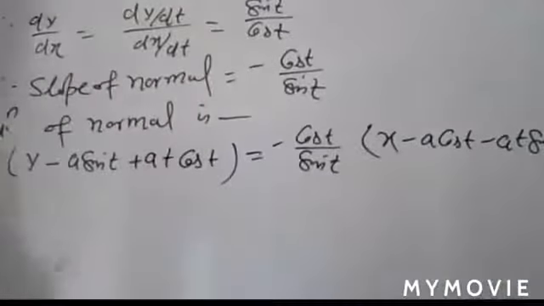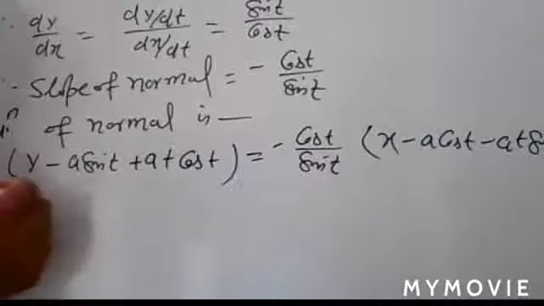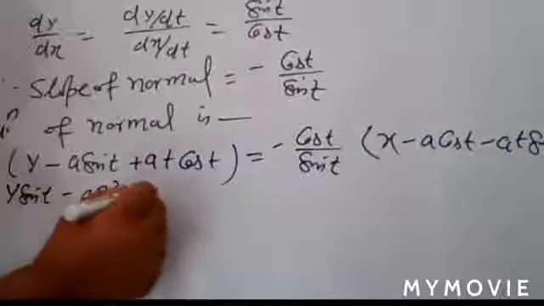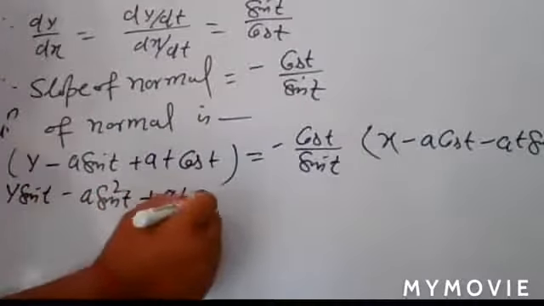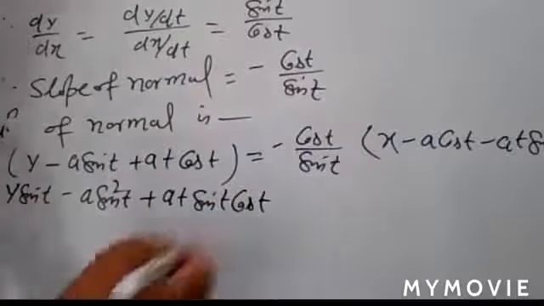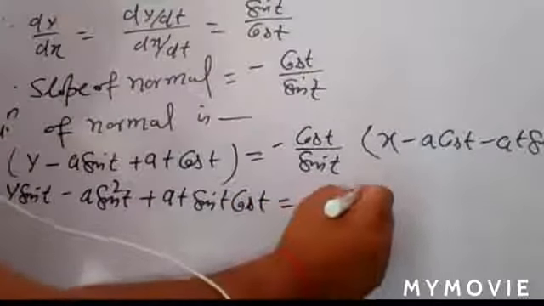So you proceed. You multiply this sin to the left side. So here you have y sin t minus a sin square t plus a t sin t cos t is equal to minus x cos t.